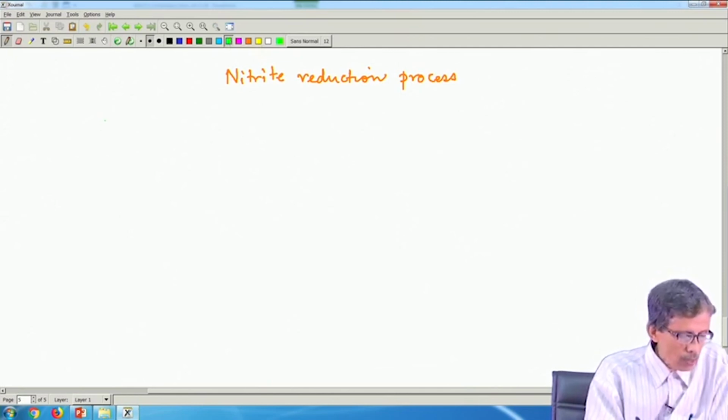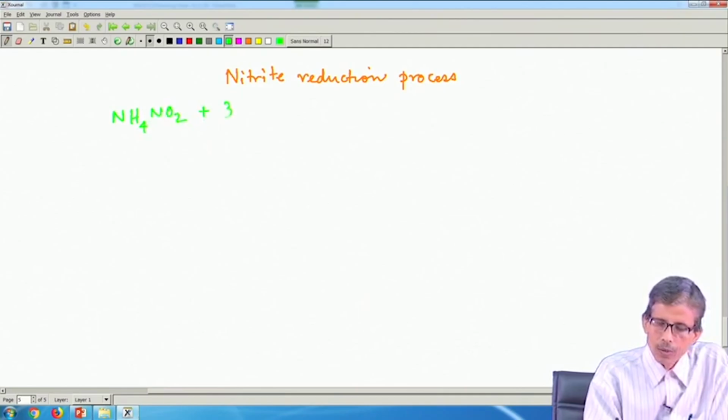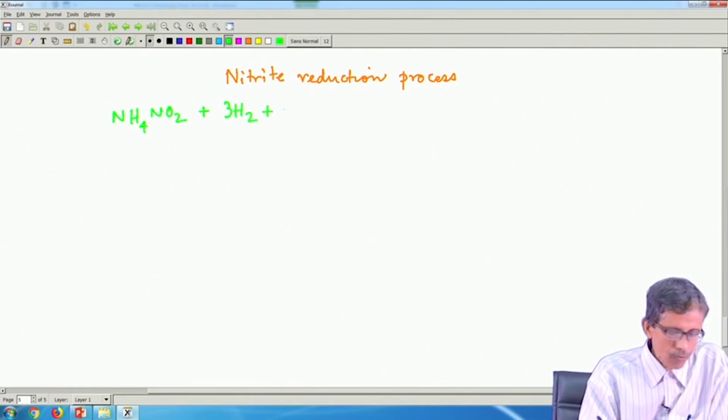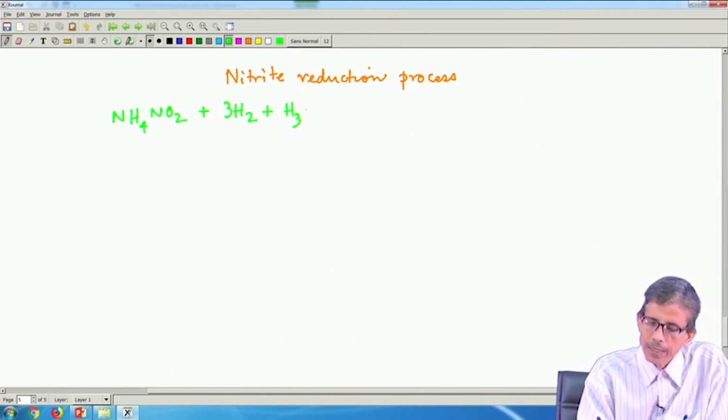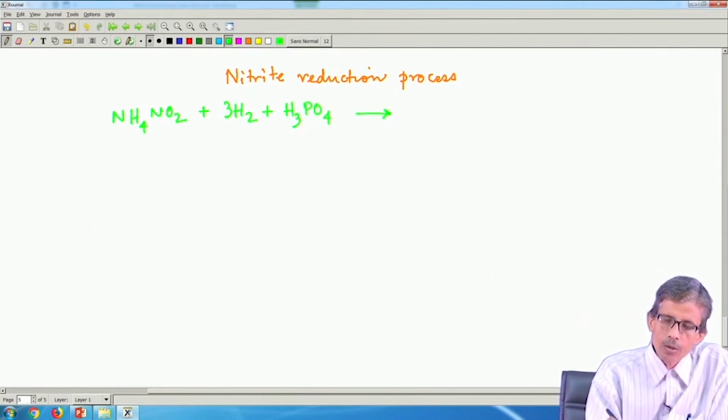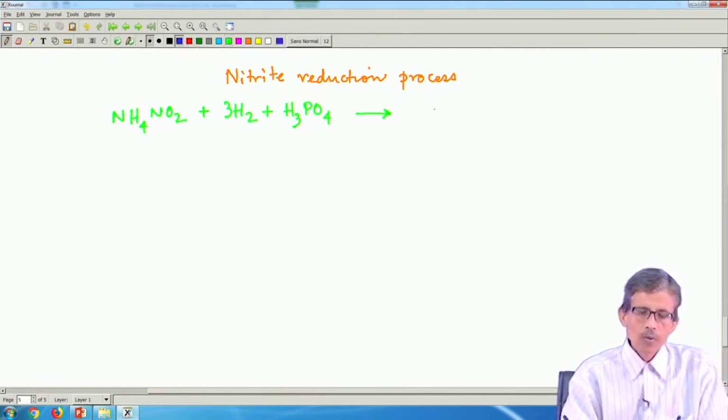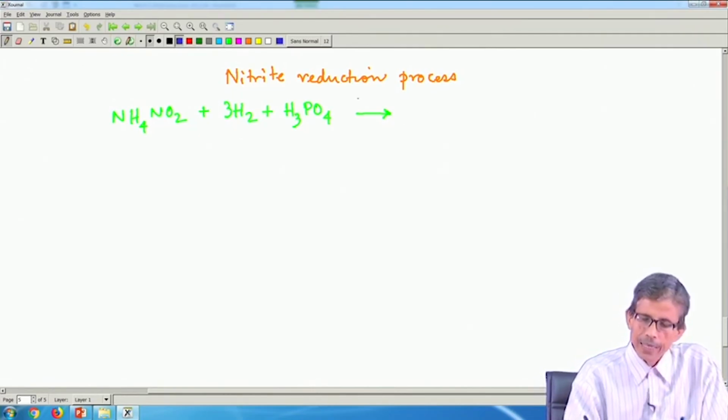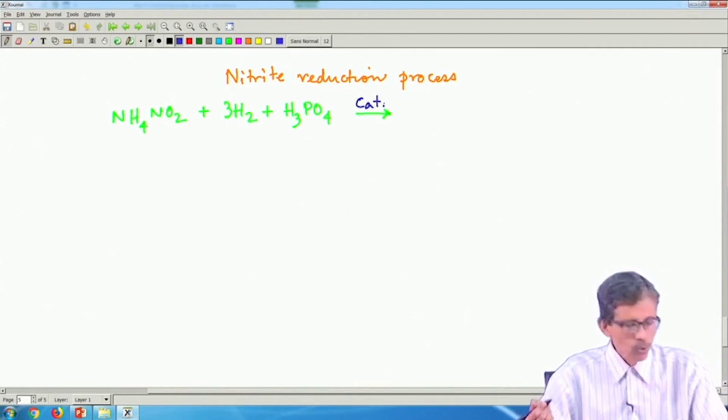So, starting from ammonium nitrite, if we take it, it should be reduced by hydrogen in the presence of another inorganic industrial mineral acid, which is phosphoric acid, not sulfuric acid now. Again you can utilize a catalyst; we can consider what sort of catalyst we can use.